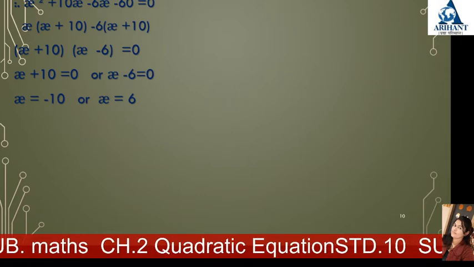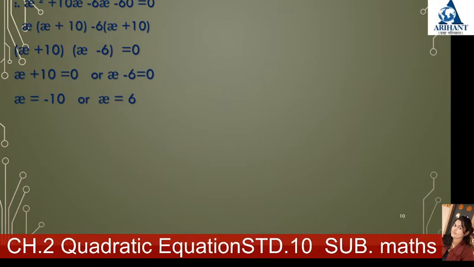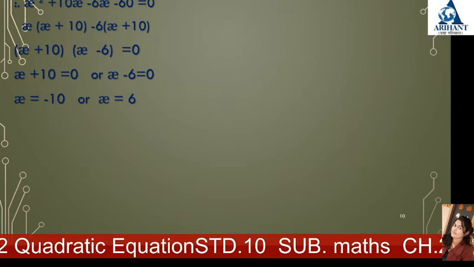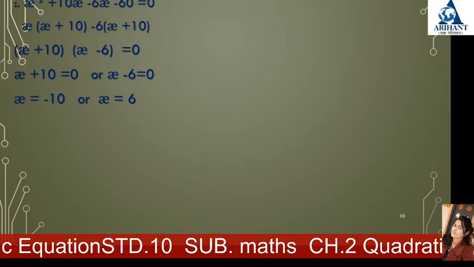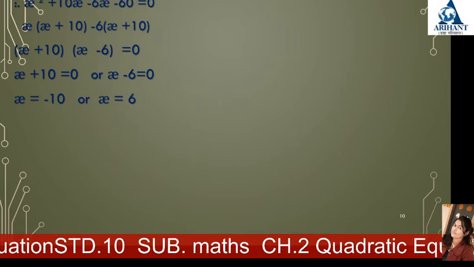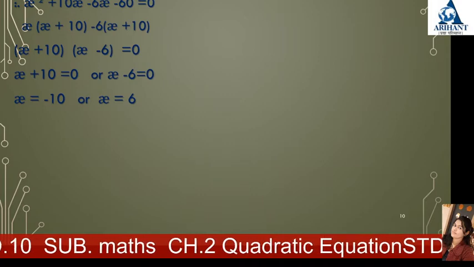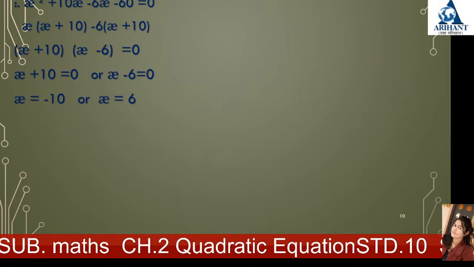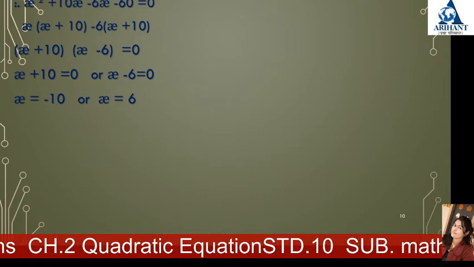So x plus 10 times x minus 6 is equal to 0. Then x plus 10 is equal to 0 or x minus 6 is equal to 0, which is the common step for every such equation.